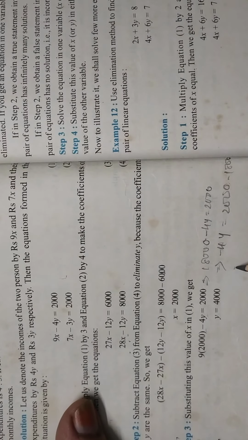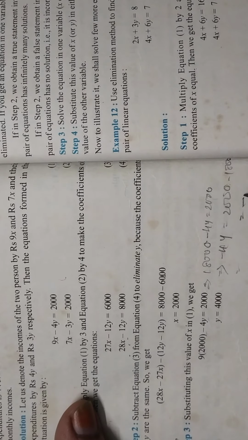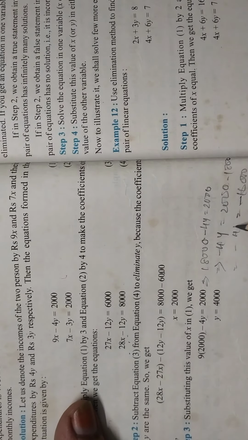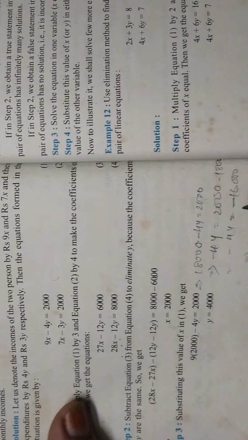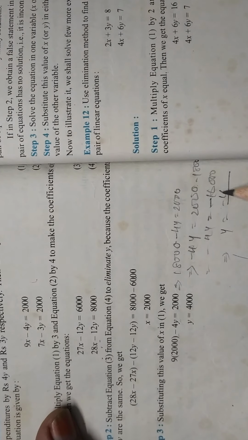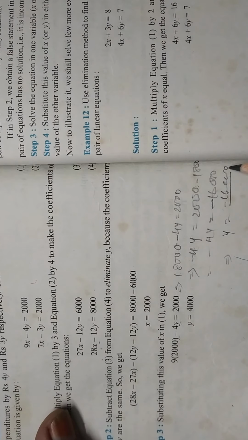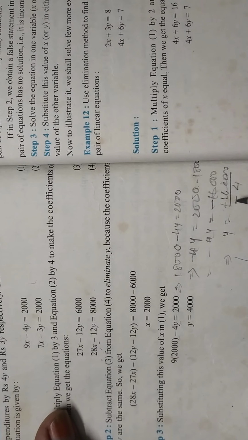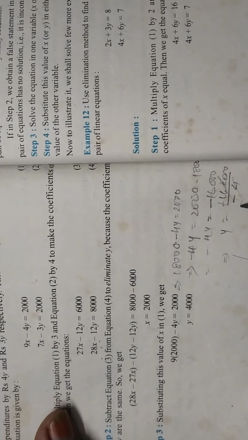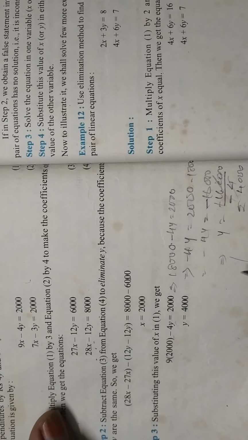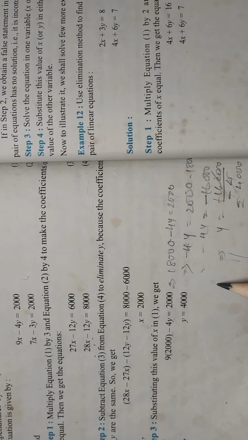That means this will be minus 16,000. So minus 4y equals minus 16,000. This implies y equals minus 16,000 divided by minus 4. Minus minus cancel, and then we will get 4000. This way we find the value of y.